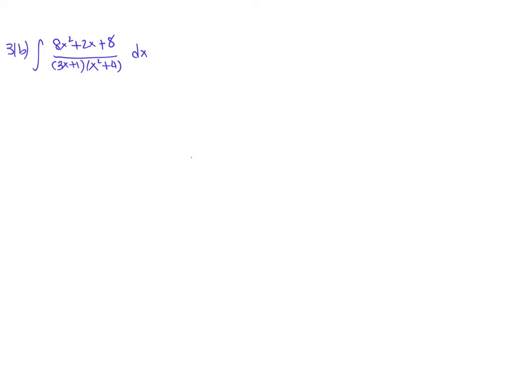Alright, in 3b, we're supposed to integrate the fraction that we had in 3a, and by partial fraction, we already realized that this is essentially integrating 2 over 3x plus 1 plus 2x over x squared plus 4 dx.